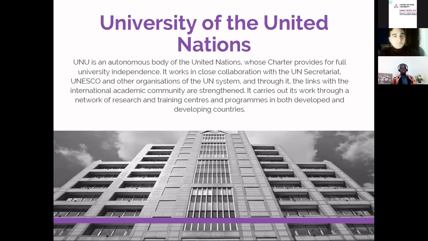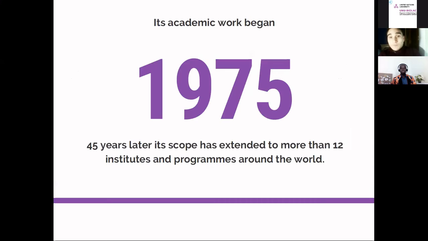Its purpose is to link the international academic community to encourage international cooperation and a network of research and training centers. Its academic work began in 1975, and 40 years later, its scope has extended to more than 12 institutes and programs around the world.